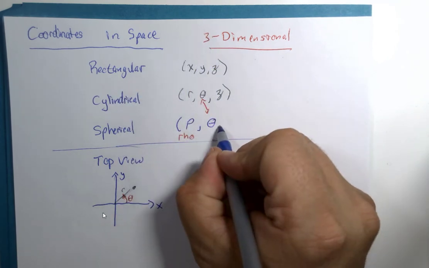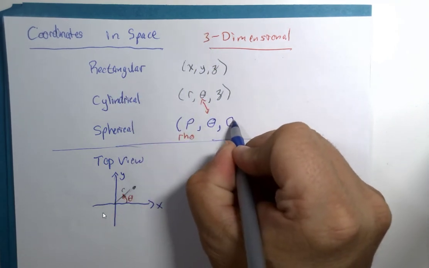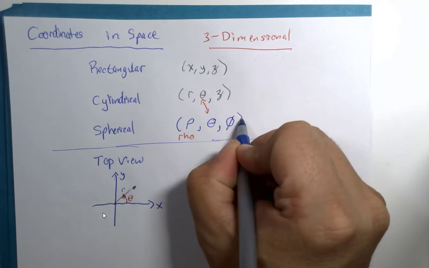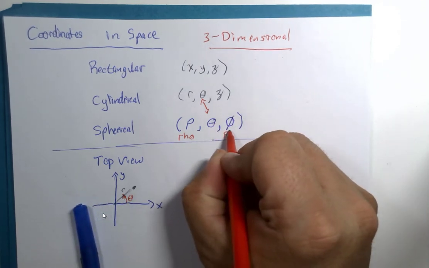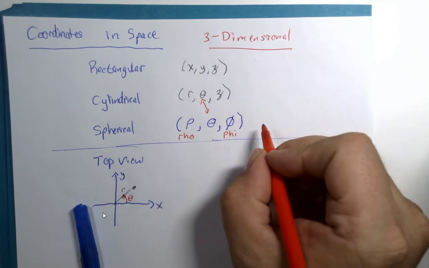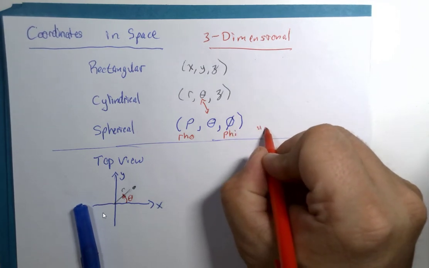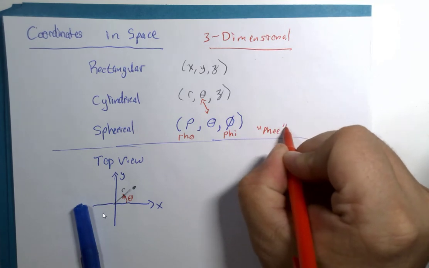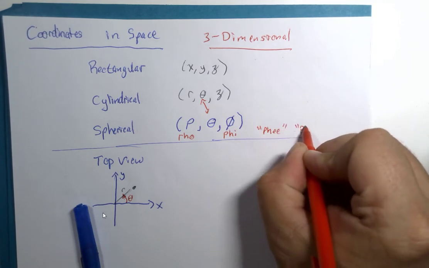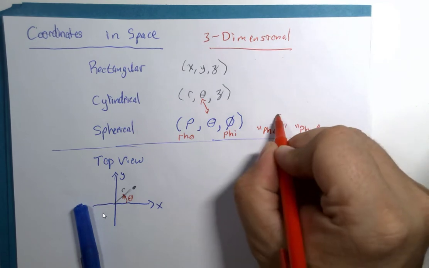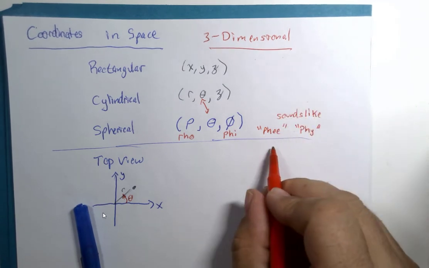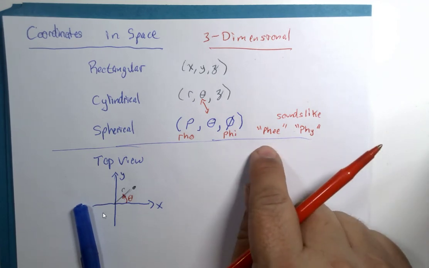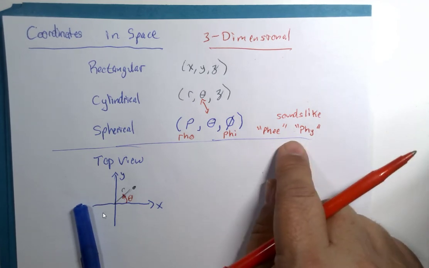And we have another angle, and it is spelled P-H-I, and it is either pronounced phi or phi, depending on other letters in the traditional Greek alphabet.